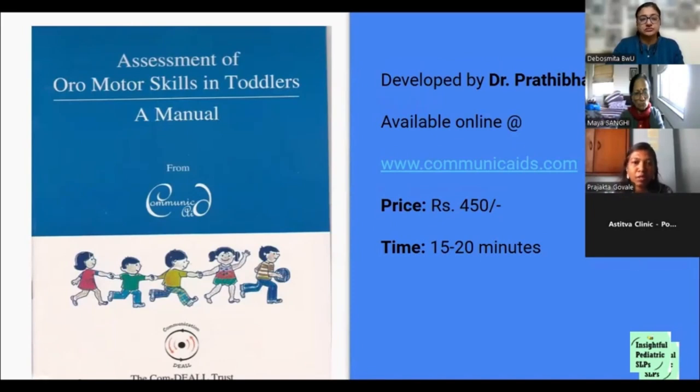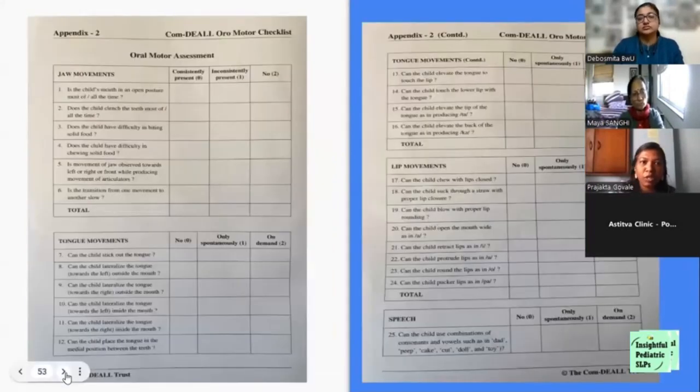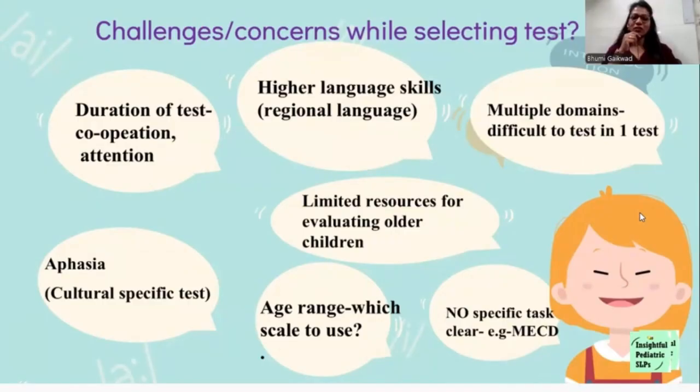So I feel that we should be putting an emphasis on oromotor skills assessment. And this Comdale oromotor checklist is very easily available. Also, we need to think about various factors before selecting a specific test for a child, like the duration of the test or the cooperation and attention that's required for the test.